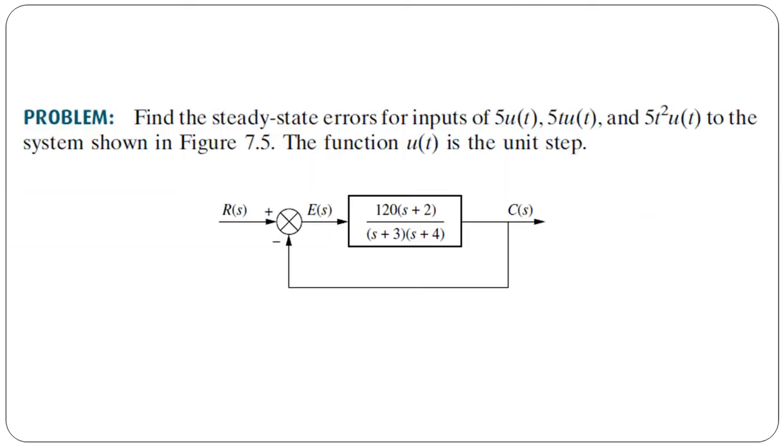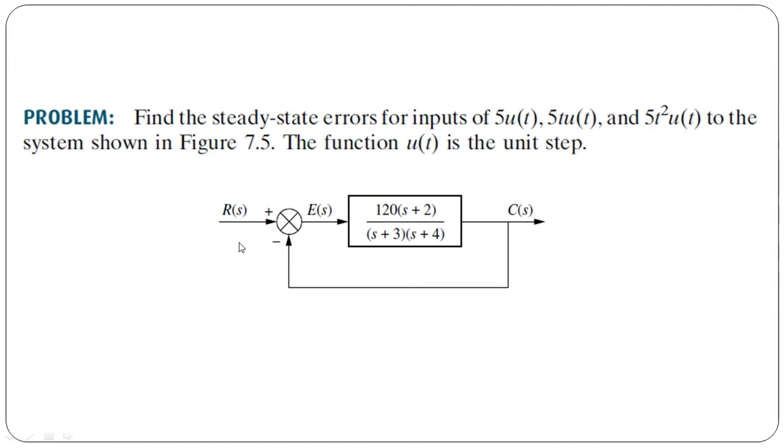Forward transfer function, from the word itself, ito yung transfer function na makikita nyo sa forward path. As you can recall, doon sa lecture natin sa reduction of block diagram, nabanggit ko ata doon yung forward path.